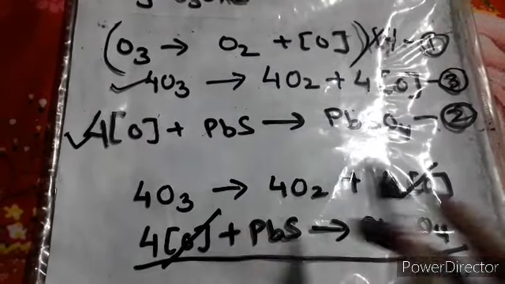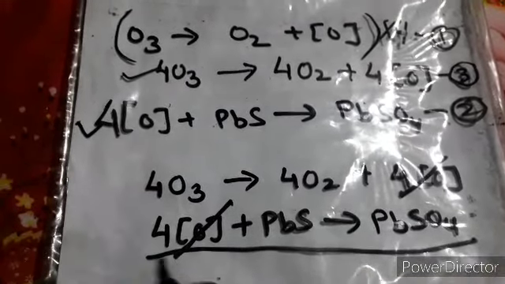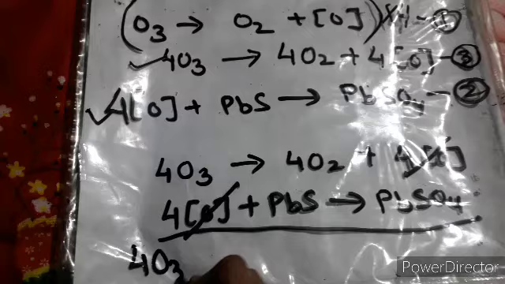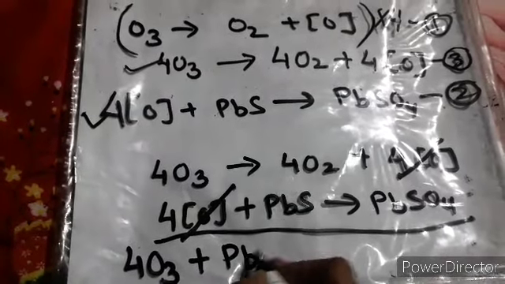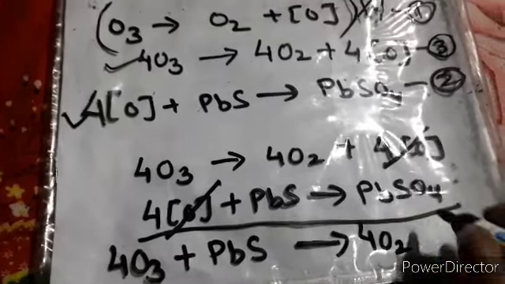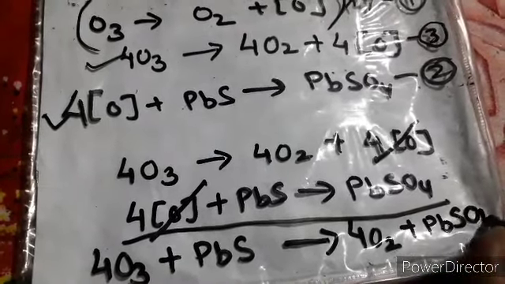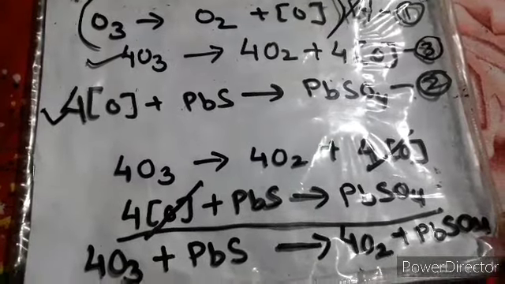One is on the reactant side, the other is on the product side, so you can cancel them out. Now overall what you get is 4O3 reacts with lead sulfide, gives you 4O2 plus PbSO4. Let's check whether our equation is balanced or not.